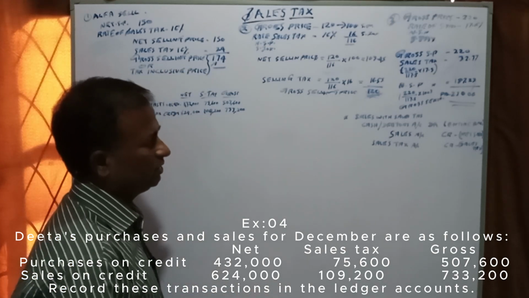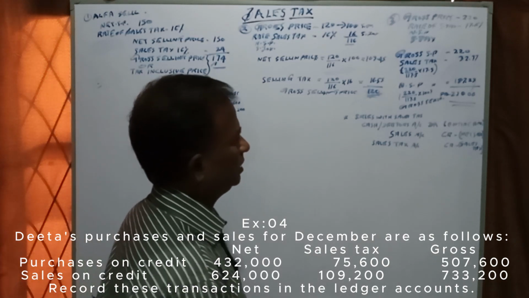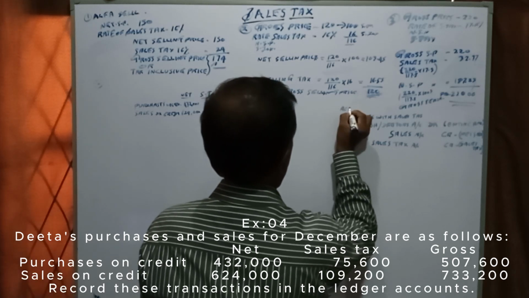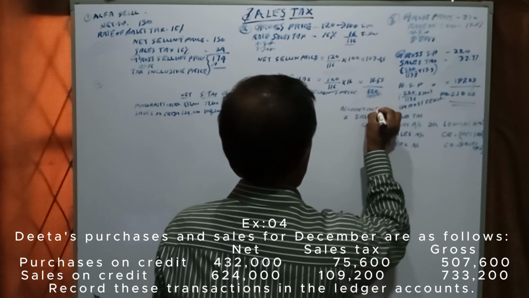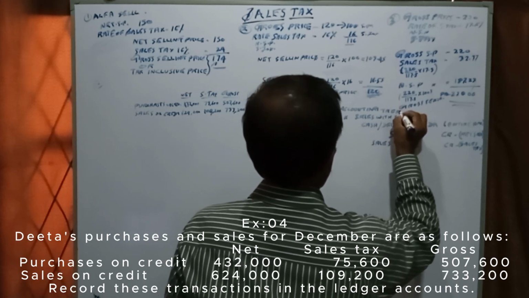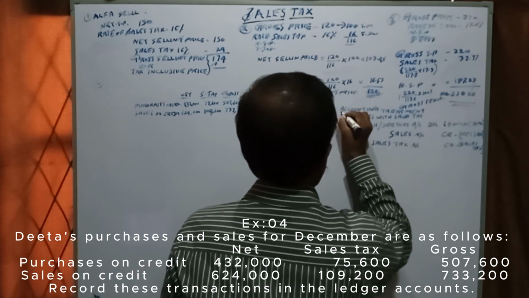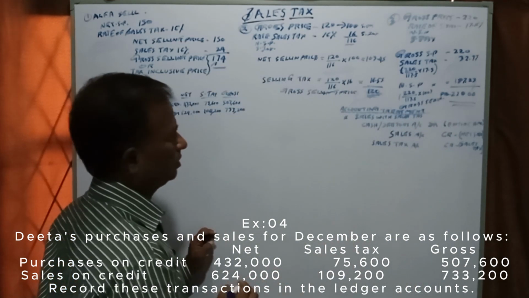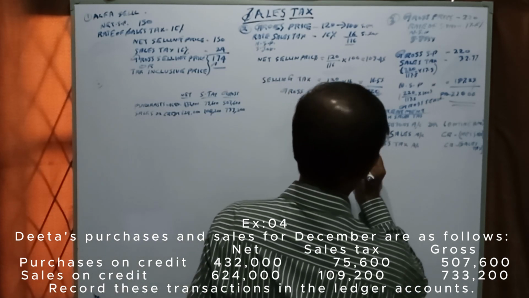This is the accounting treatment for sales with sales tax. Second one is a purchase with tax.